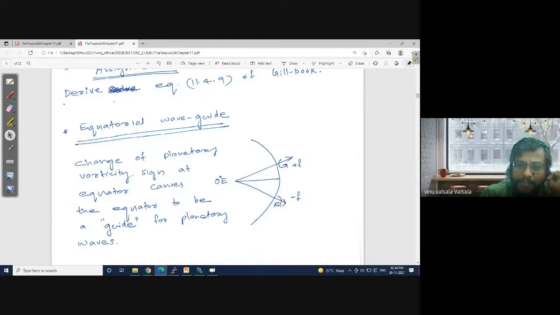And that gives the system some kind of restoration to its original position. So this restoration, as my mouse pointer is moving up and down, becomes some kind of oscillatory nature in the meridional direction. Whenever there is an oscillatory nature, there can be certain modes of motion.